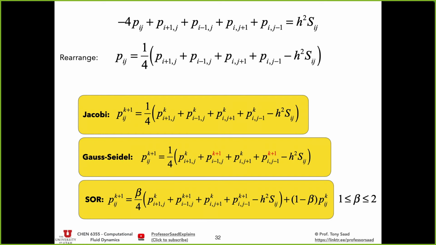And SOR had this weird coefficient beta. In the homework that I released this week, you're going to study SOR on the Poisson equation in 2D, and study the effect of beta. You're going to fix the error tolerance, say 10 to the minus 3, vary beta, and count the number of iterations to get to that tolerance.